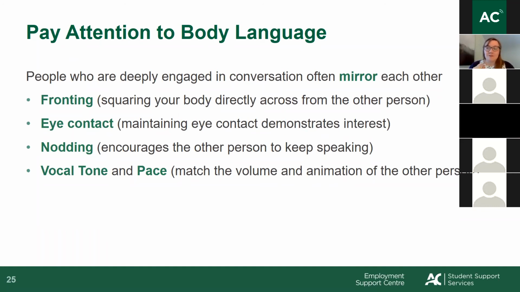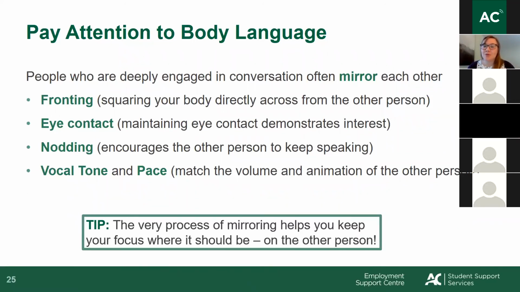And then matching the vocal tone and the pace. So if somebody's talking quietly to you, then you're not going to shout out at them. You're going to speak in the same tone. Same with the pace or the animation of their voice. Usually you'll kind of mimic things that they say or do to make them feel comfortable.